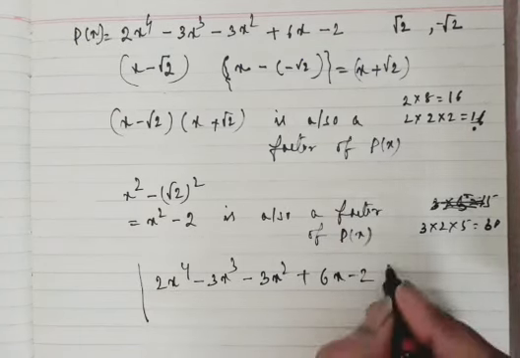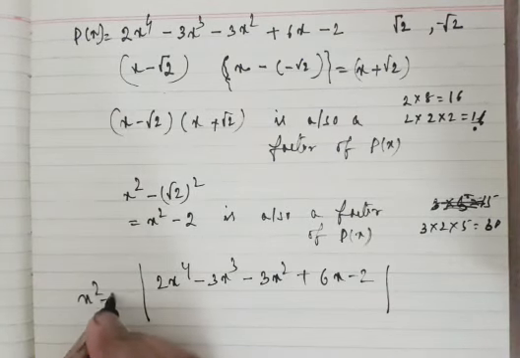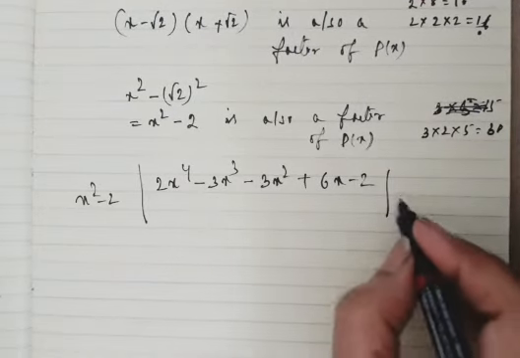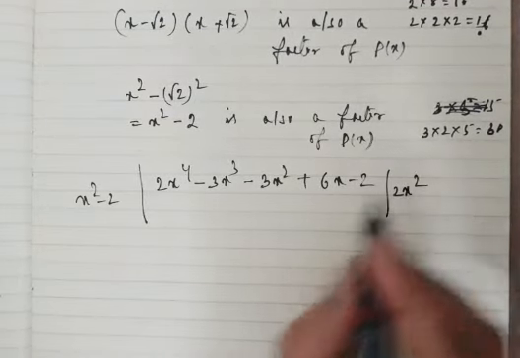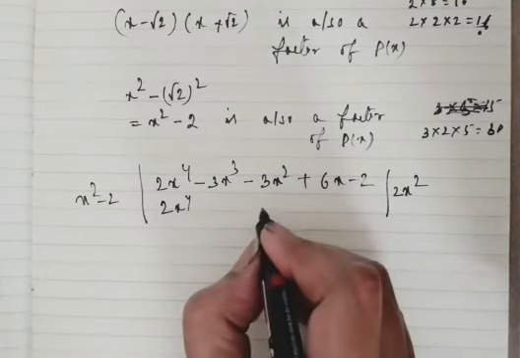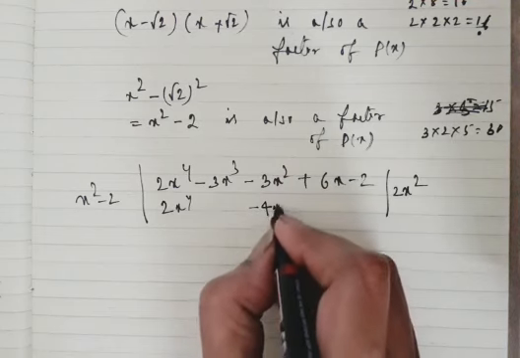Now let us divide x square minus 2. Obviously the first term of the quotient is 2x square. So that is 2x to the power 4 minus 4x square.